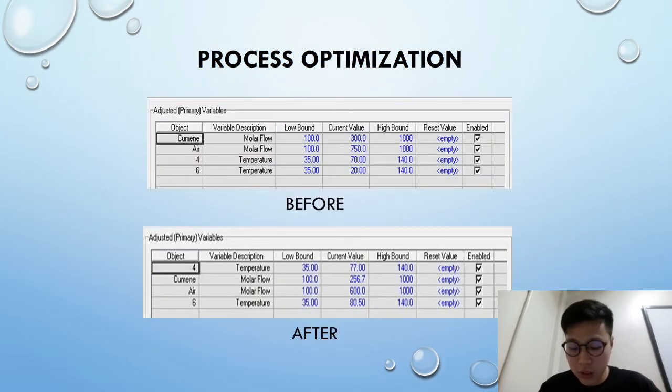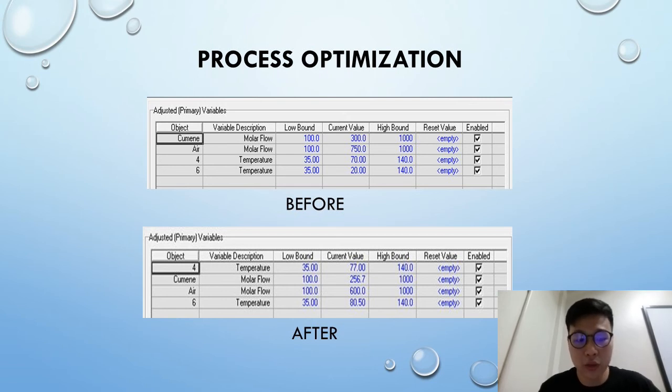Last but not least is the optimizer in the simulation process. As you can see in the slide, before optimization, the current value that we set for the cumene mass flow rate is about 300 kg per hour, and for air is approximately 750 kg per hour.